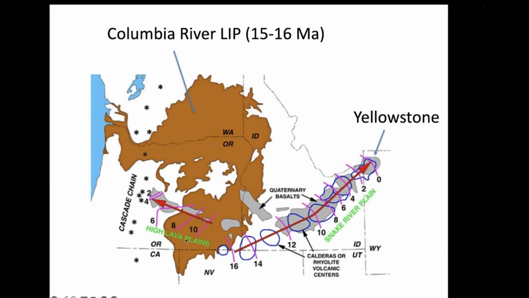Now, it is clearly related to the Yellowstone hotspot, which is basically igneous activity, hotspot volcanism going on today, is here, right? And so these other volcanic centers have been dated, and you can track this back to about 16 million years, which is when it was here.